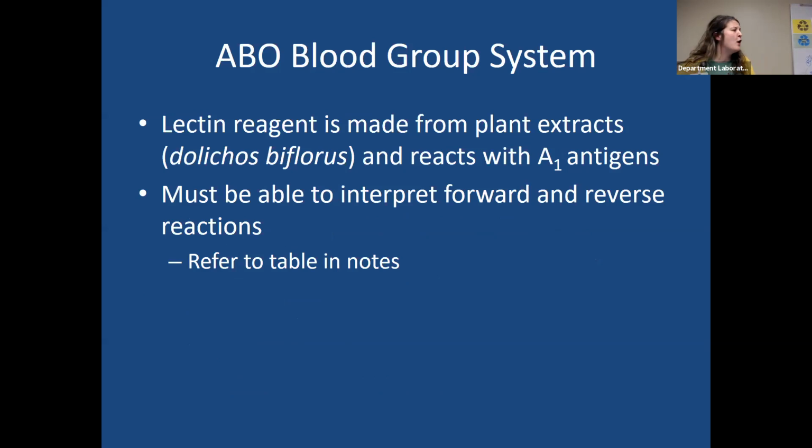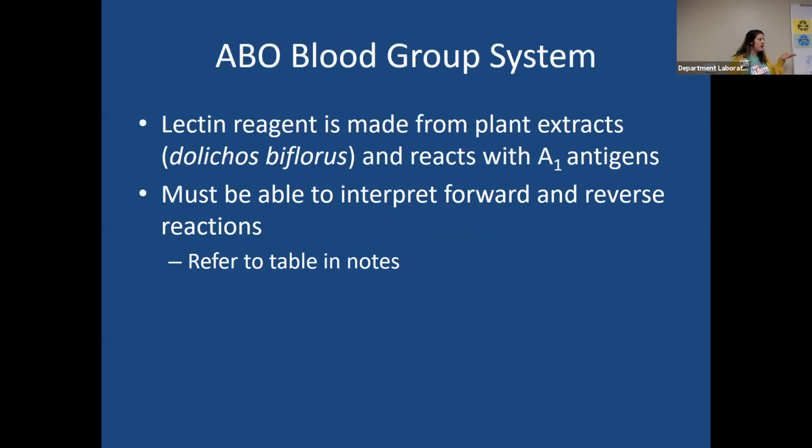All right, so how can you know if your patients are A1 or A2? What can we do? We can do testing with A1 lectin. It's derived from a plant, and it's called Dolichos biflorus. All right, so that's the plant it's derived from. It is an antibody. It is part of your forward testing.